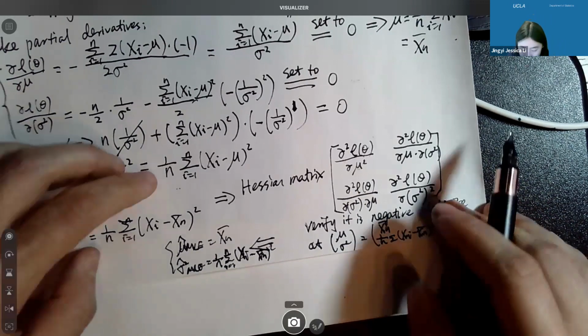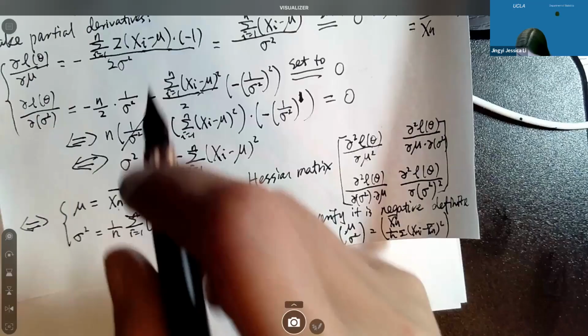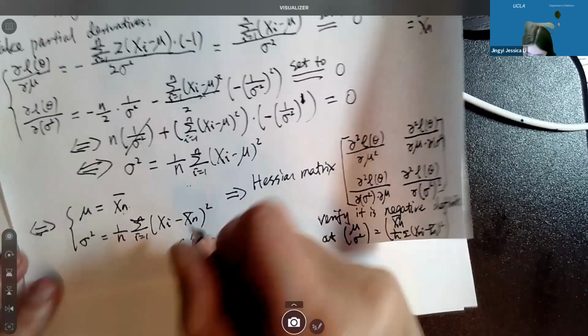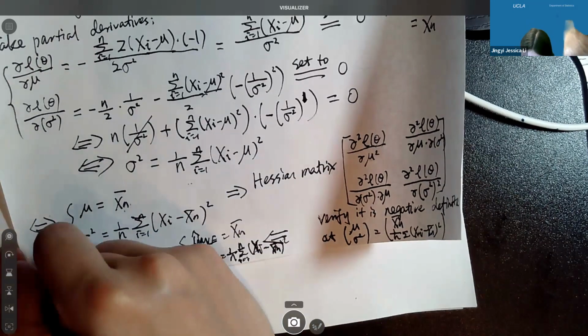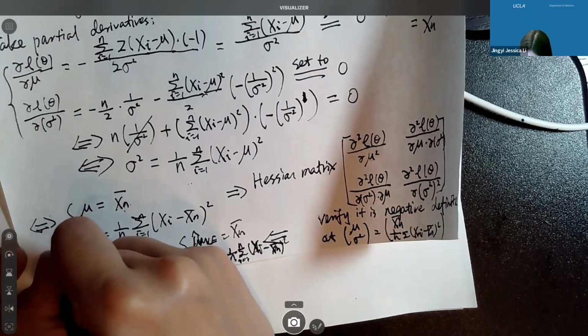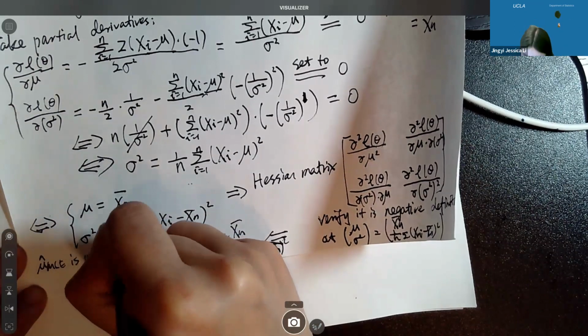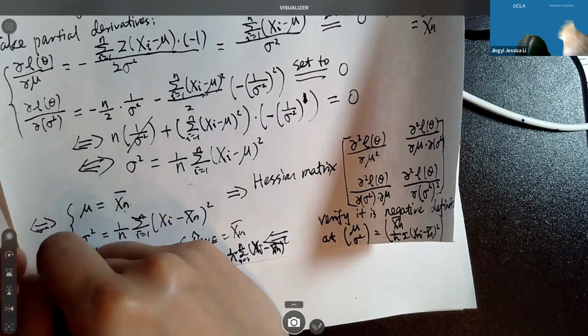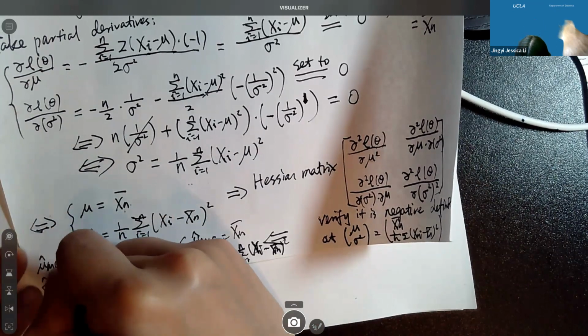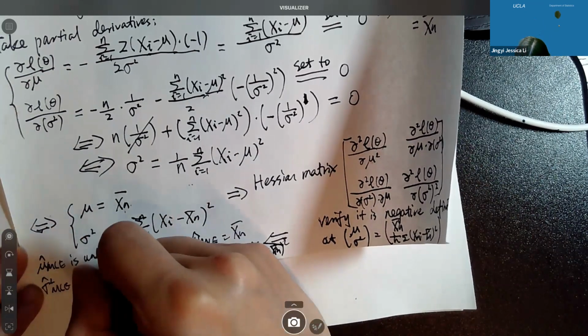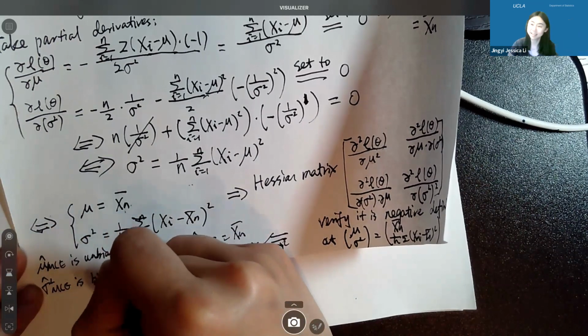So what I want to say is that mu hat MLE is unbiased. Okay, this is what we know. But sigma square hat MLE is unfortunately biased.